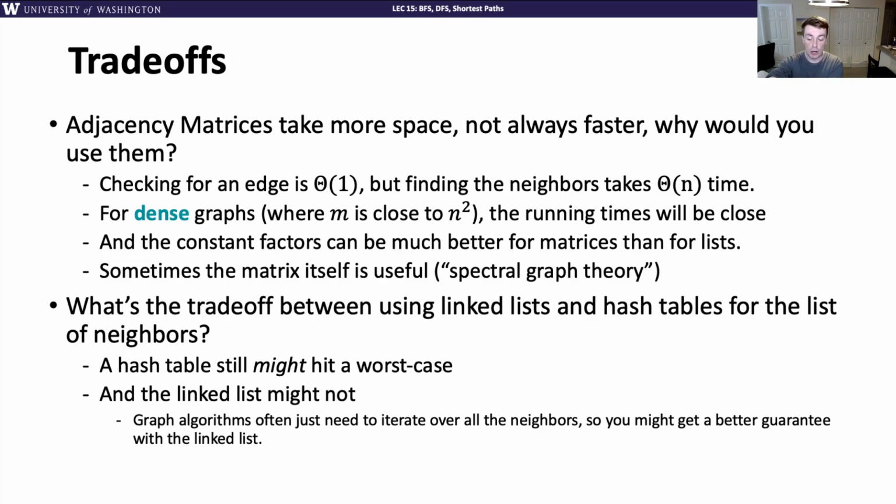The adjacency matrix works really great with something that we call a dense graph. A dense graph is one where there are lots and lots of edges, close to the maximum possible of n squared. In that case, the running times will be pretty close. And also, because they're implemented with arrays, they generally have much better constant factors.